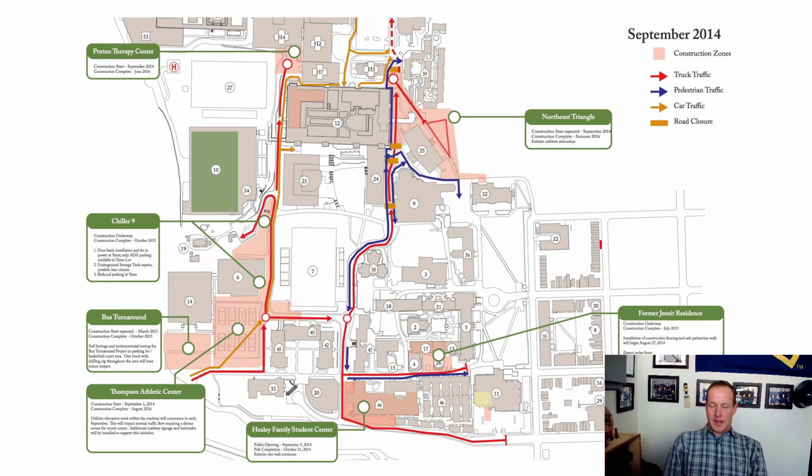This one here, I really like this one for certain reasons. Now, this is one that's kind of laying out where our truck traffic is, pedestrian traffic, car traffic, road closures for a whole area, maybe a campus of some sort. And then we've got each of these little call-outs, text box call-outs, showing us something different about an area.